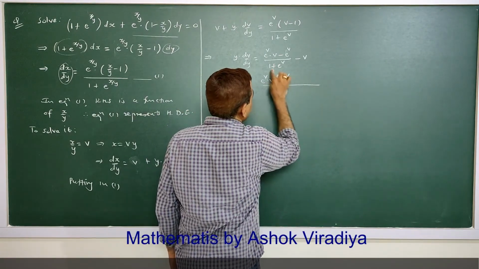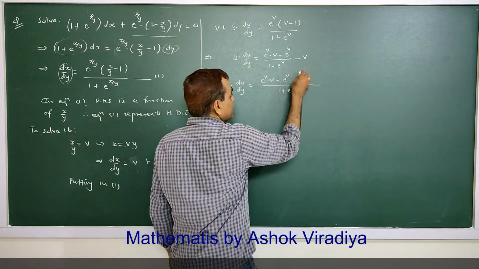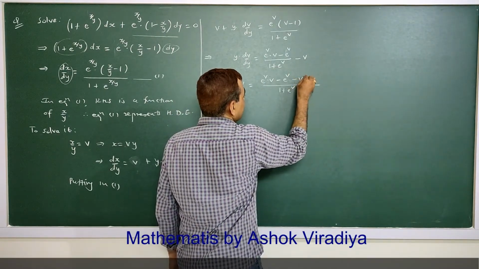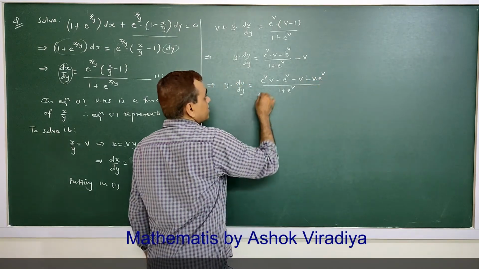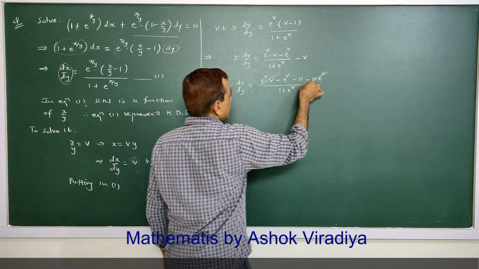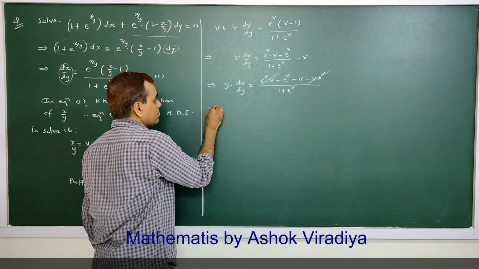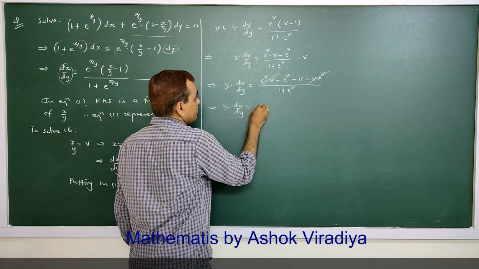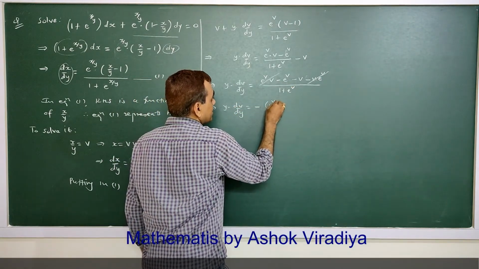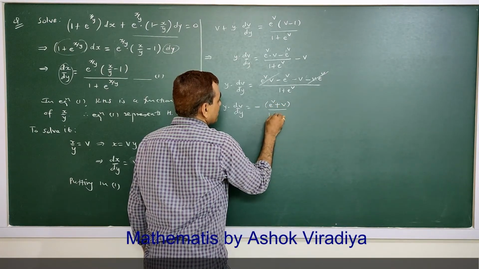Taking LCM here, LCM is 1 plus e raised to v. So minus v into 1 is minus v, minus v into e raised to v. So this will be cancelled. So therefore y into dv by dy is minus common e raised to v plus v upon 1 plus e raised to v.